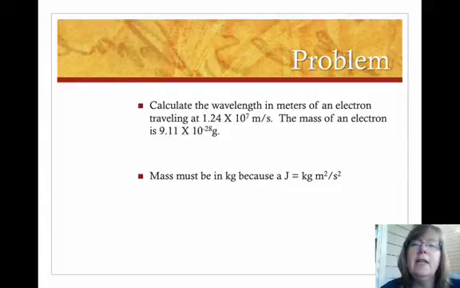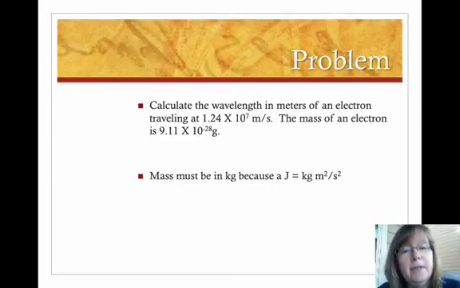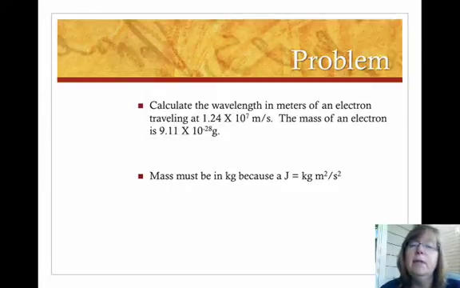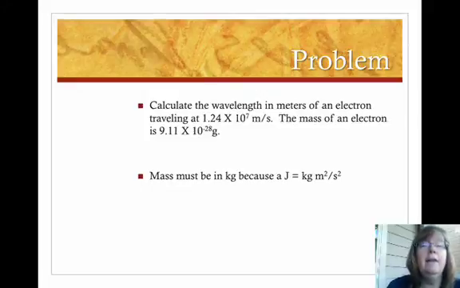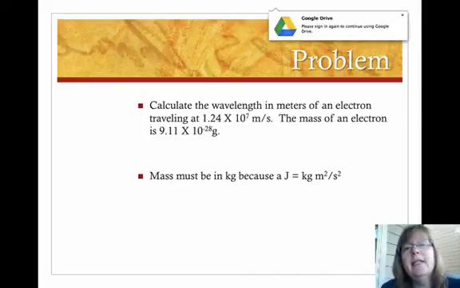So the first thing you need to do is get that 9.11 times 10 to the negative 28th grams into kilograms, and then you'll plug in your values, plug in your units, and watch how they cancel. So stop the video now and try to calculate the wavelength of an electron traveling at this speed, and then check your answer in the next slide.